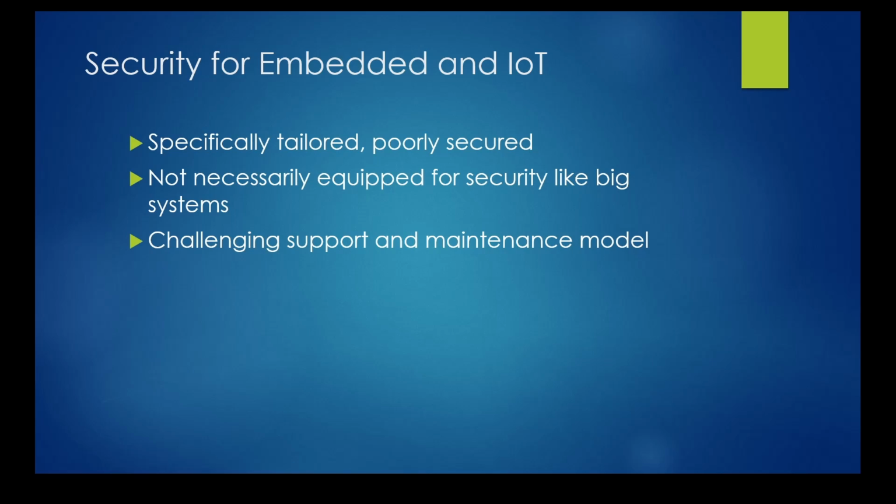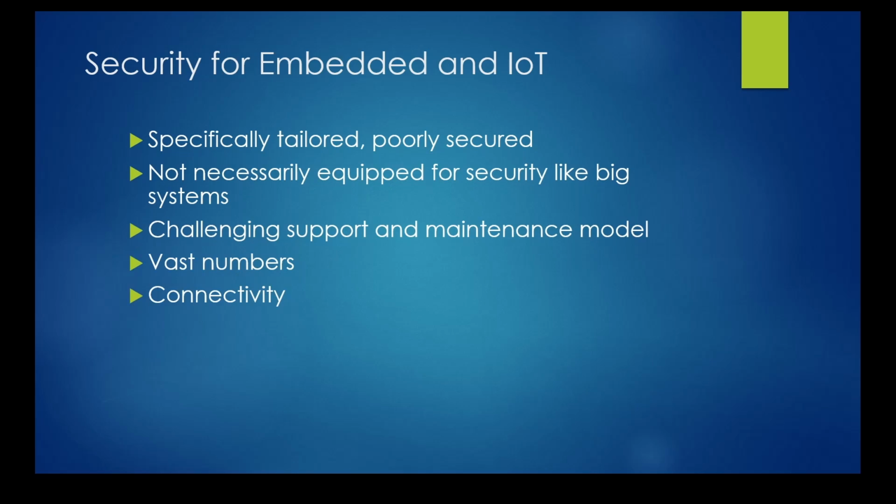Add to that systems are not necessarily in a person's reach or even eyesight, not necessarily updated unless we force the updates, and not necessarily showing any issue after being hacked. And mix all that with a vast number of connected systems, and you get yourself the perfect victim.